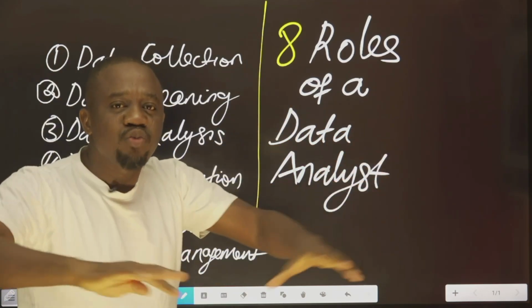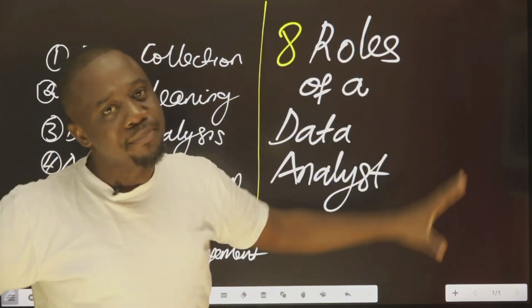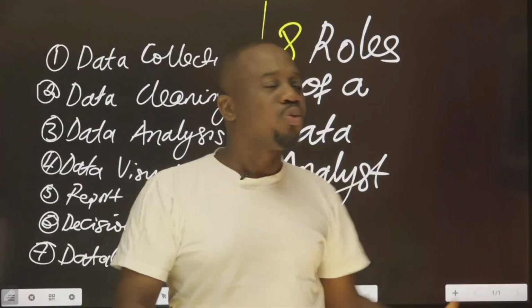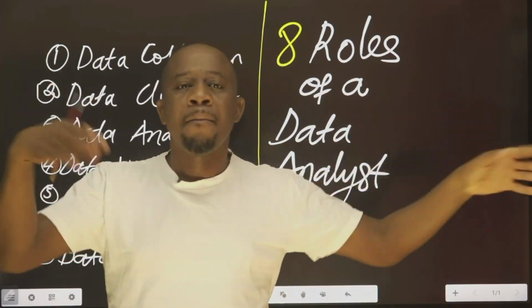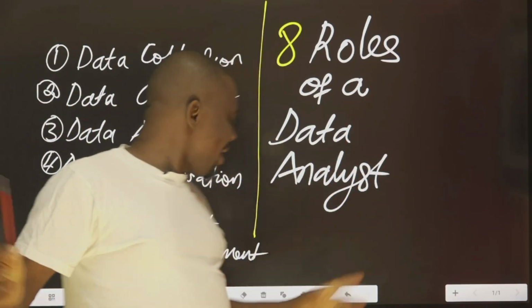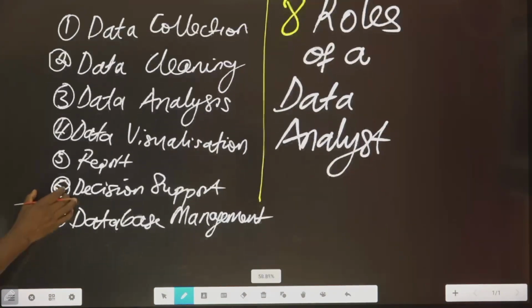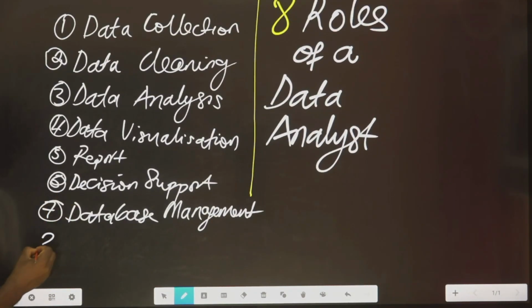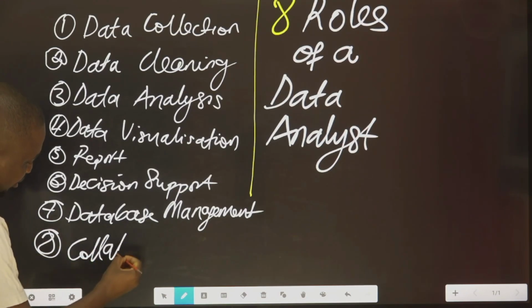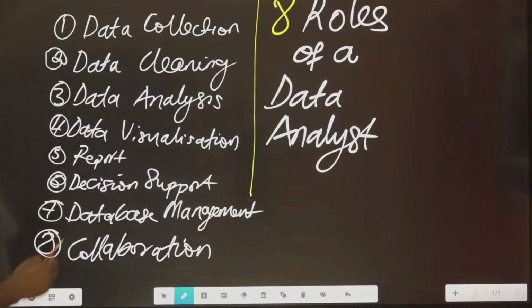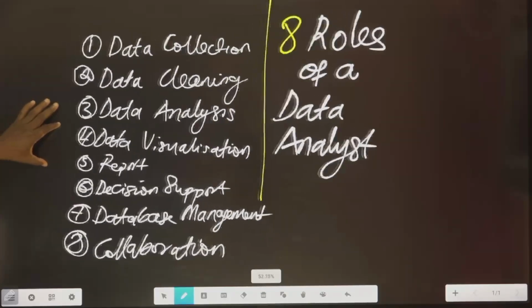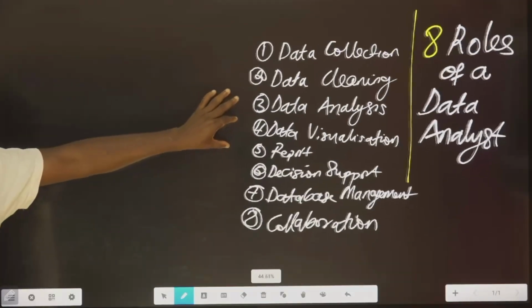You need to collaborate with other departments, depending on what the report is saying, or for some other business assistance. Okay? So, lastly, but not compulsory, is collaboration. So, these are the 8 roles of a data analyst.